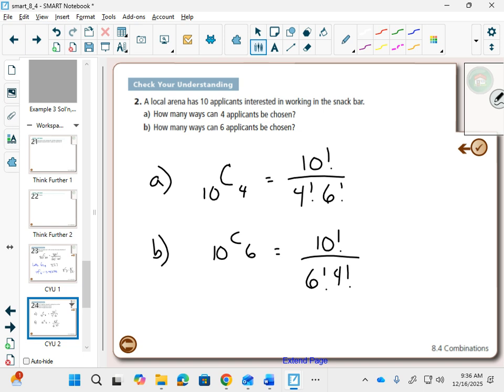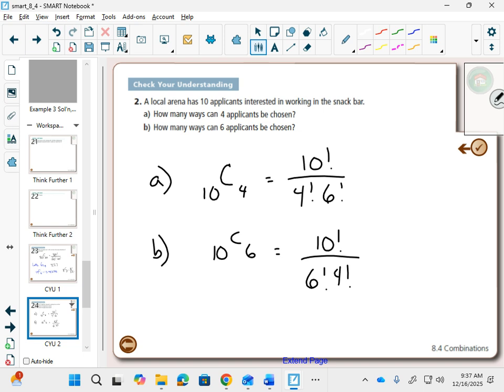And it actually makes sense. And I'll show you this with cards. 1, 2, 3, 4, 5, 6, 7, 8, 9. If I take 10 cards, and these 10 cards represent the 10 resumes that the applicants put forward, every time I choose a group of 4, I'm left with a group of 6. 4 people are working, 6 people didn't get the job.